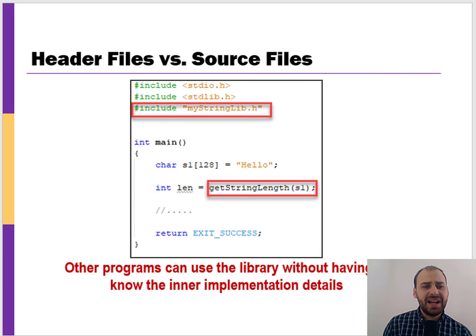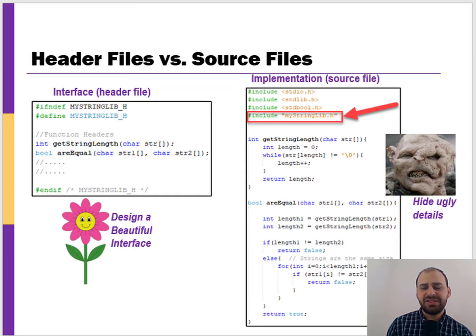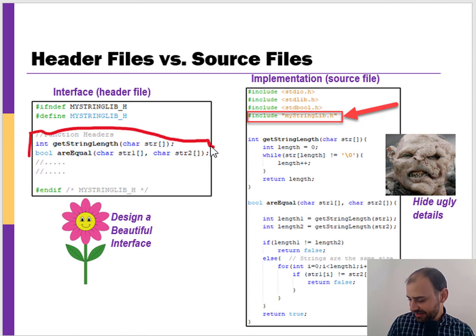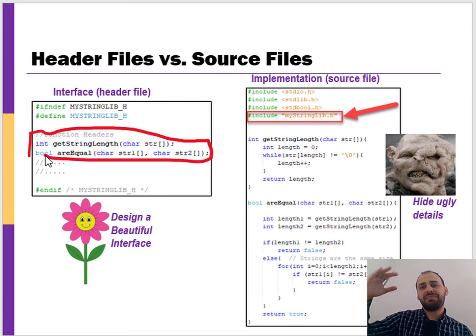One thing that's going on, let me just mention one thing here. I guess it's probably easiest to draw on this slide what effectively happens when we do this include my string lib. We take these function headers, and when there's a preprocess that occurs, we call the preprocessor.